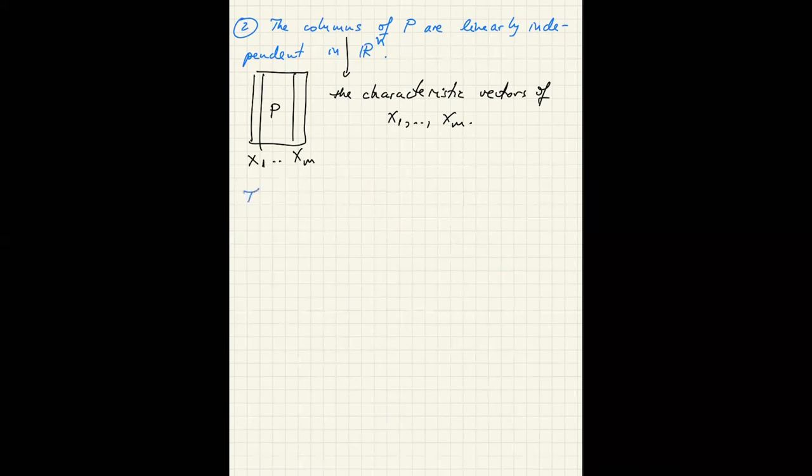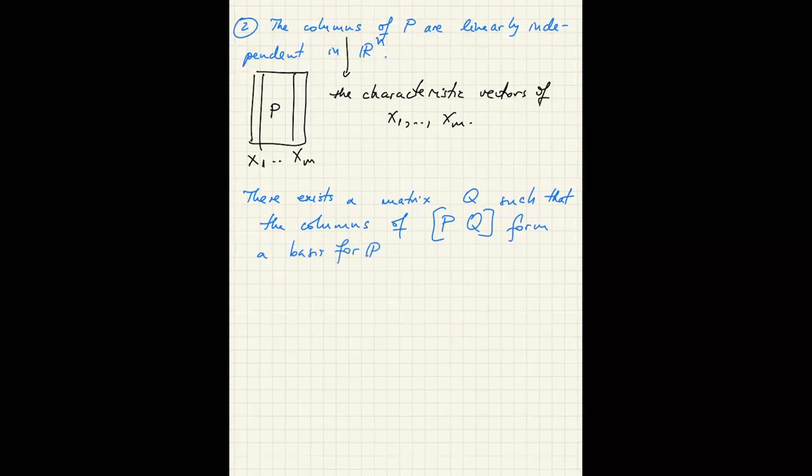Therefore, there exists a matrix Q such that the columns of the matrix P, with Q next to it, PQ, form a basis for R^n.